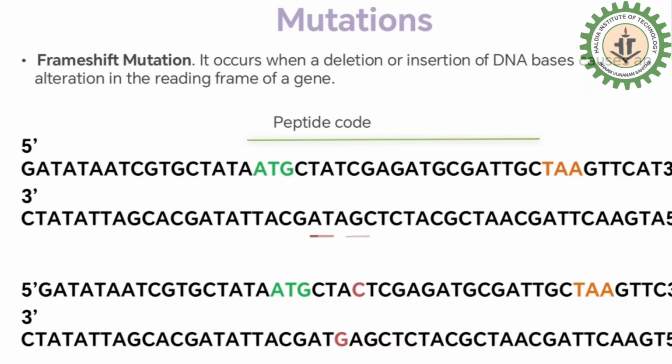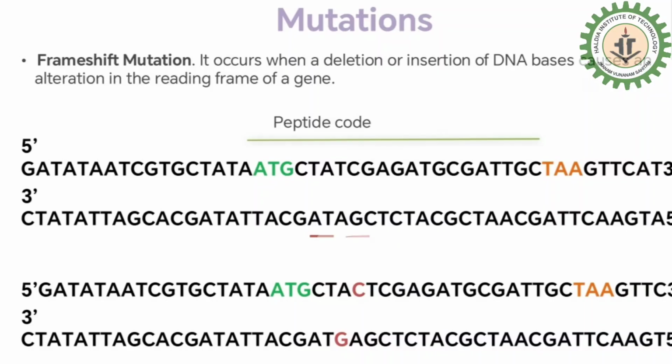So here you can see that the frame for protein production is completely changed. It may start with ATG, but it cannot read TAA directly as a codon, and it cannot stop. So eventually it will not produce any protein. So these types of things are called frame shift.